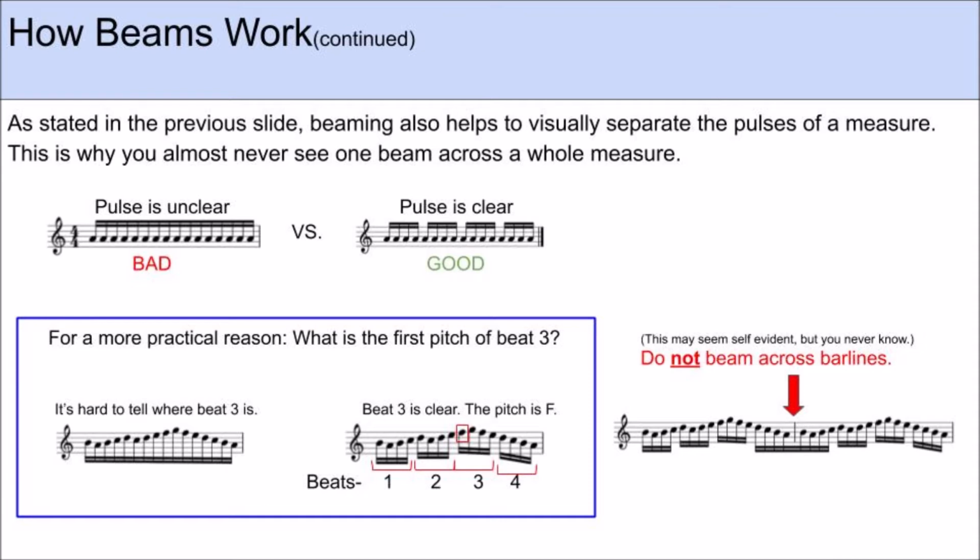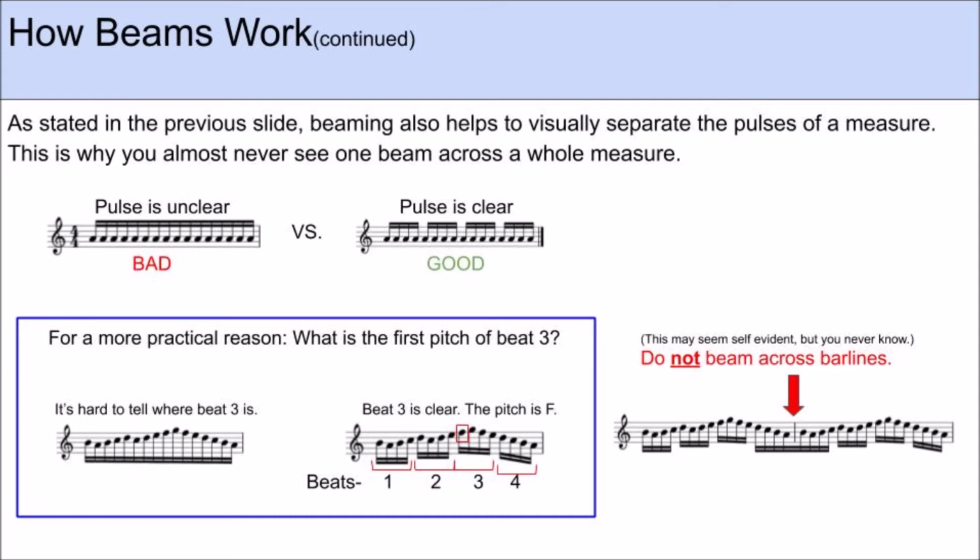In this blue box at the bottom of the slide, I have a more practical reason for why you would not beam a whole measure together, and that is communication. If you were playing with other musicians and you wanted to start on a particular beat of a particular measure because you were practicing a tough section of music, or if you're in a band and your director or choral conductor asks, "Hey, what is the first pitch that you play on beat 3?"